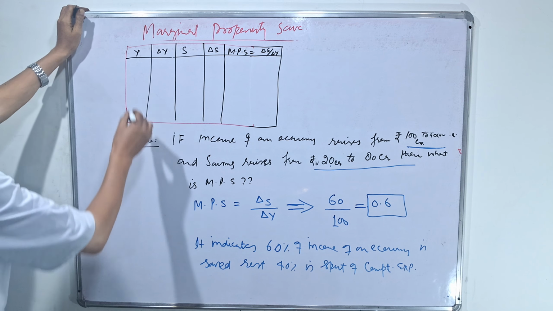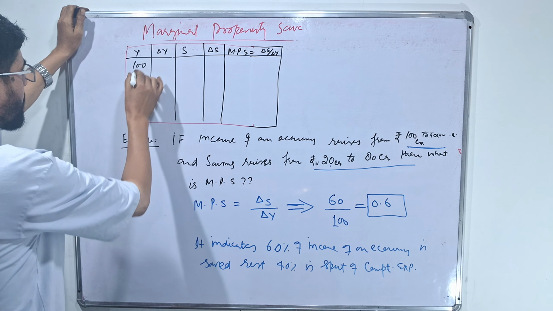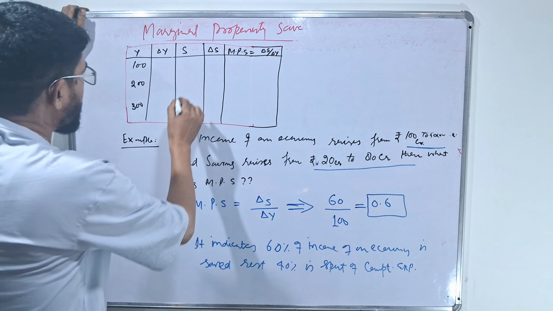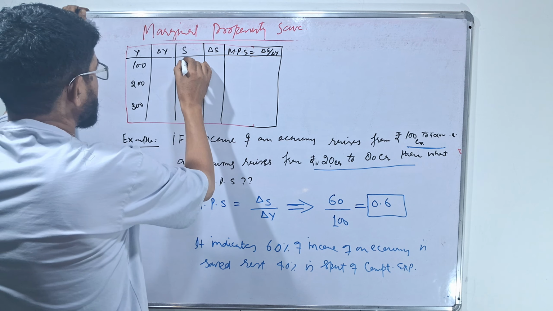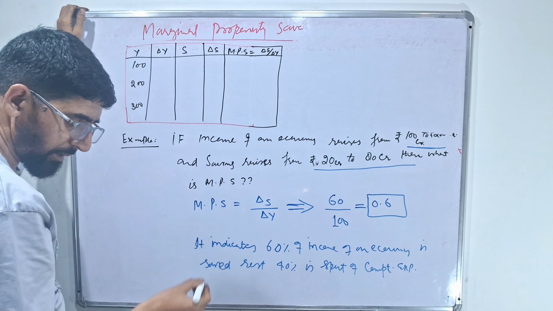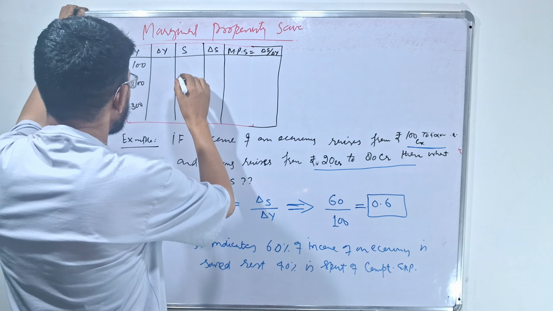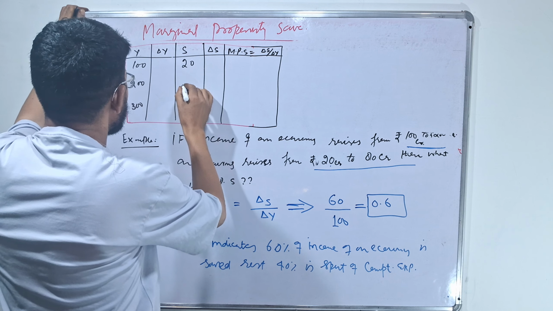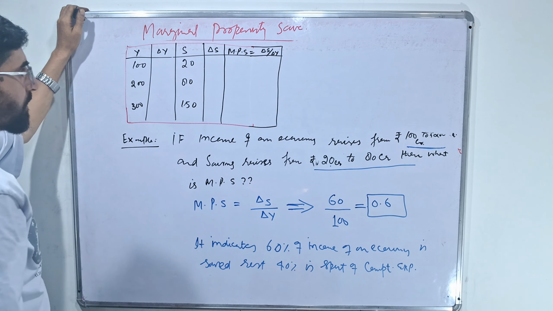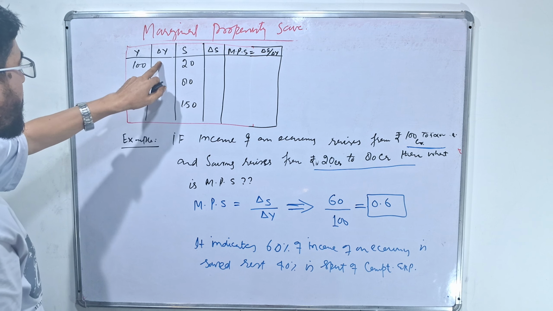For example, if income is 100, 200, 300, saving is 20, 80, 150.